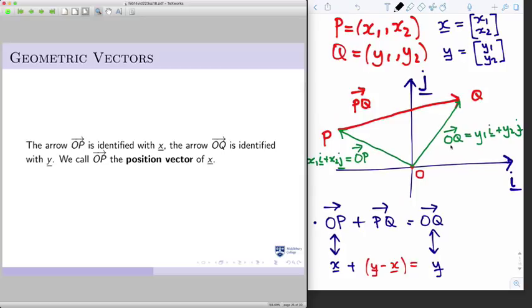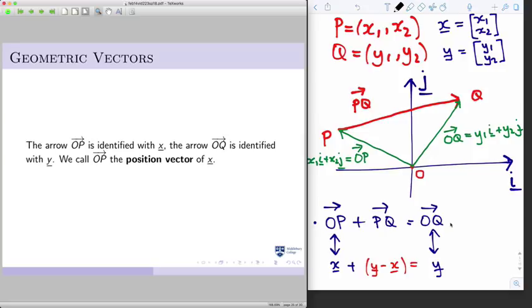Similarly, the displacement vector for Q corresponds to moving y1 units in the i direction and y2 units in the j direction. So based on our geometric description of adding arrows, OP plus the displacement vector PQ equals the displacement vector OQ. This is the formula underneath the diagram.